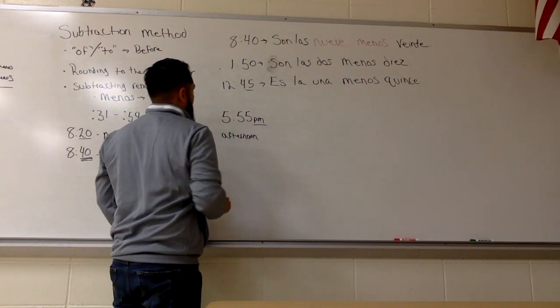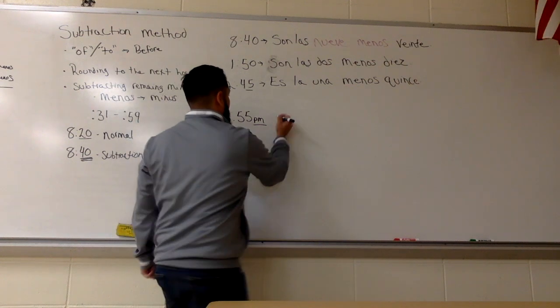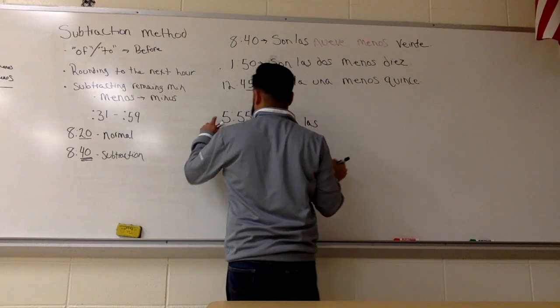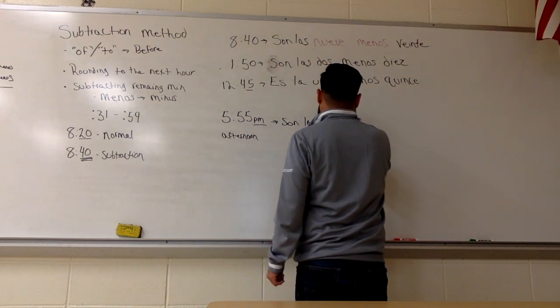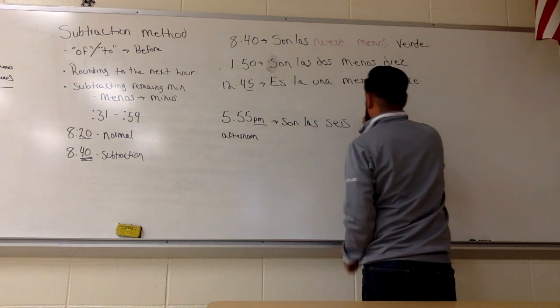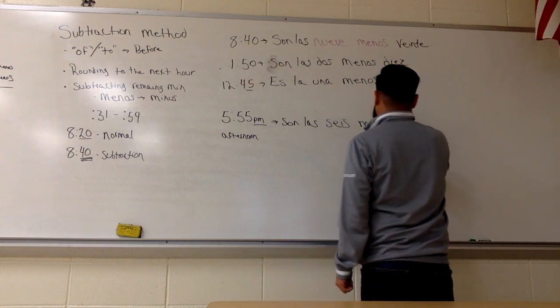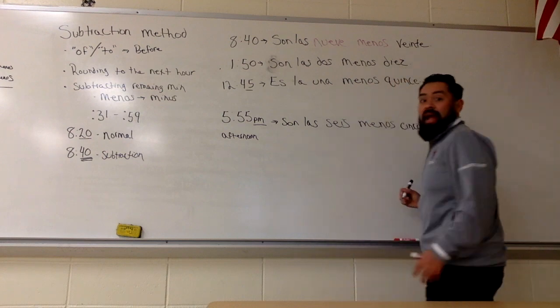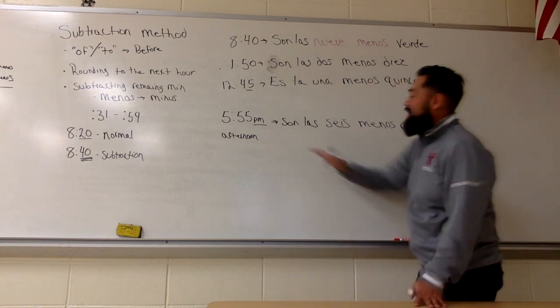So my next hour is 6 o'clock, which means I can start with son las, because it's not 1 o'clock. I round up to 6. I'm subtracting menos. How many minutes am I subtracting? I'm subtracting 5. Now, you're going to keep the original.